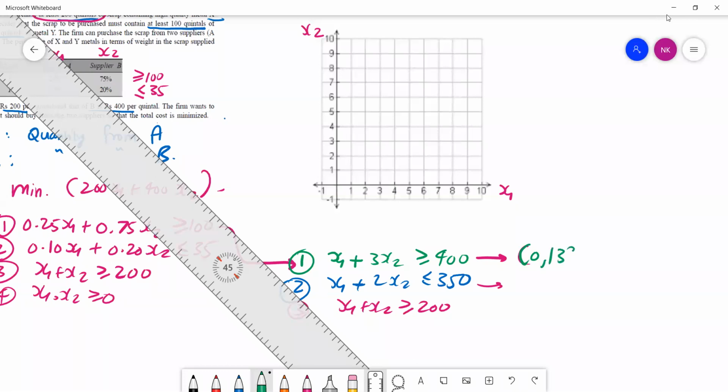0, 133.33. And the other point will be 400, 0.